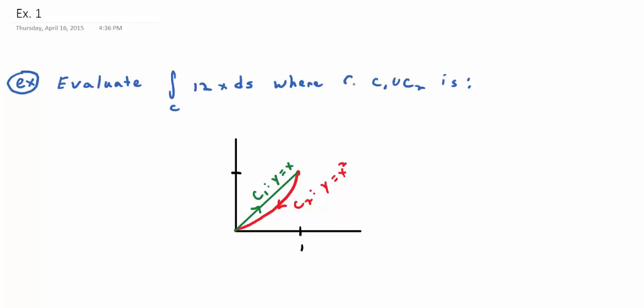So the notation we could use for that is C equals C1 union C2, where it's defined using this picture. C1 is the green line here, given by y equals x. And we're combining that with C2, which is part of the parabola y equals x squared.